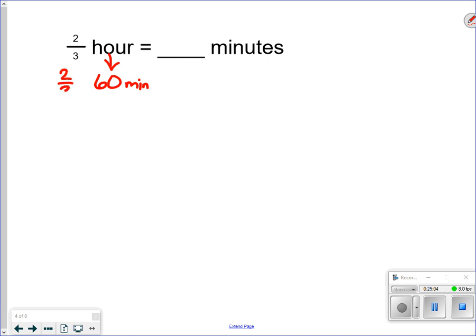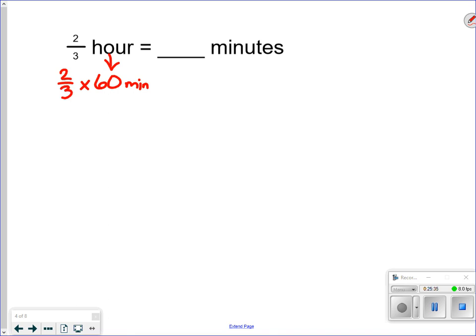So it's 2/3 times 60. If I had my fraction over here and I was changing it to whatever over here, on either side of the equal sign, that's when I divide. If they're both on the same side, I multiply.